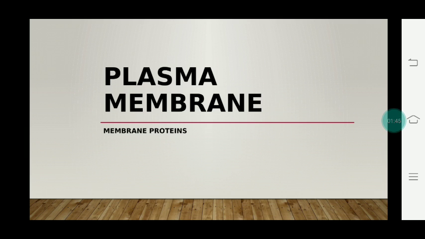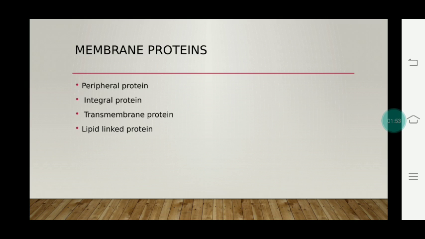So let's learn about the membrane protein, which is very important for the plasma membrane because it makes the membrane selective.